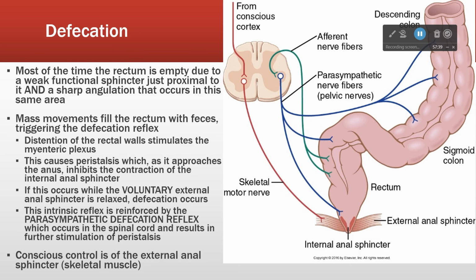Now, you can see from the innervation that this is a potential weak spot, right? We need spinal cord, we need afferent nerves, parasympathetic nerves. We got a lot of inputs and outputs, and in the end, we need working skeletal motor neurons and a functioning corticobulbar tract in order to make this happen.